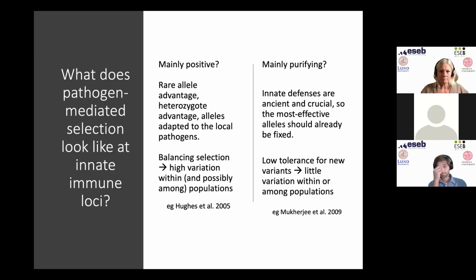But another possibility is that selection on innate immune genes may be more purifying than that. And the rationale for that is that the innate immune system is very ancient. It's very crucial to fitness. So we might expect that selection has had plenty of time to fix the single most efficacious allele.